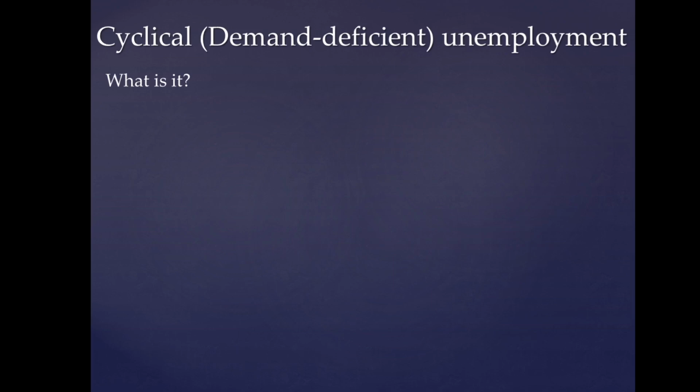So what is cyclical unemployment? It happens when there's a lack of AD, when there's no demand for goods and services.